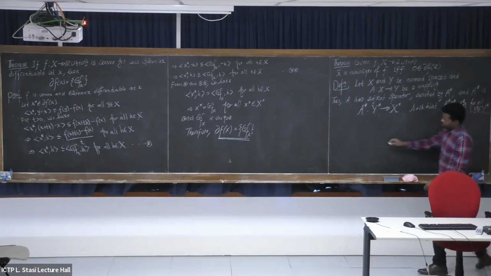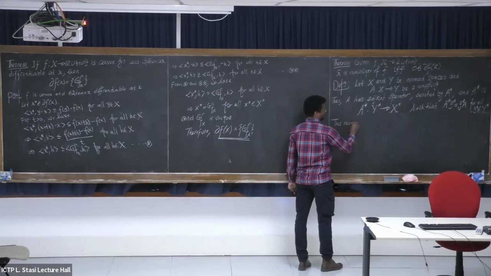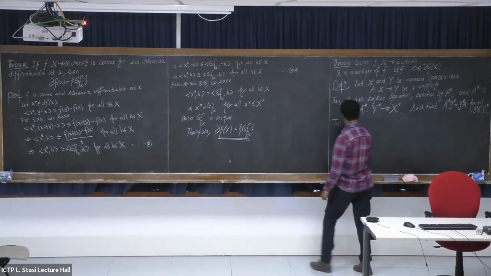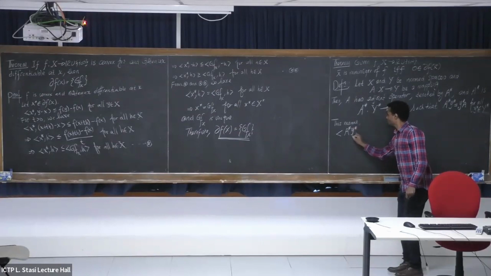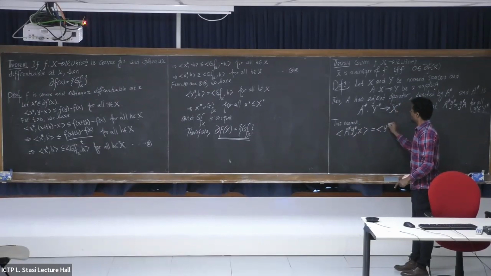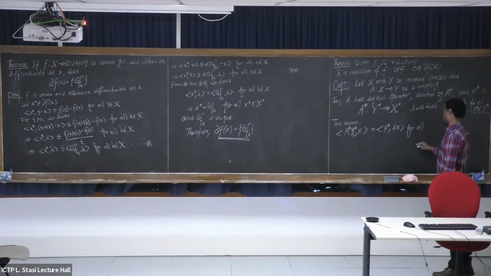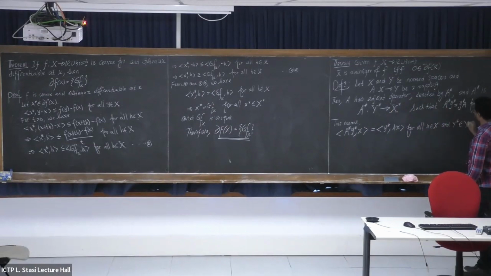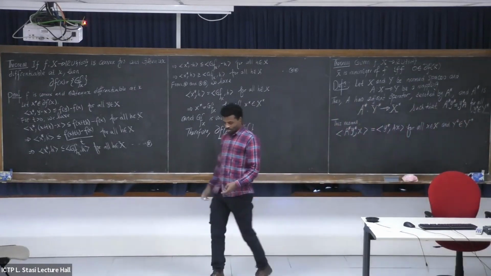What does this mean? This means the value of A star of y star at x is equal to y star of A of x, for all x in X and y star an element of Y star. So it should operate this way.